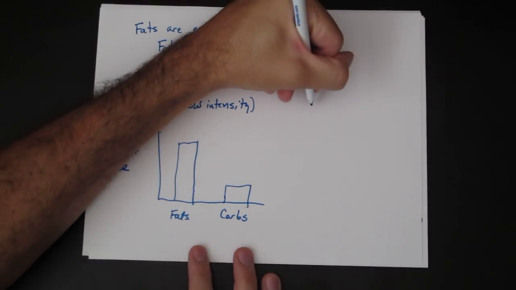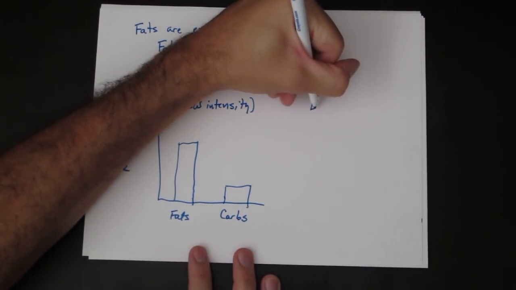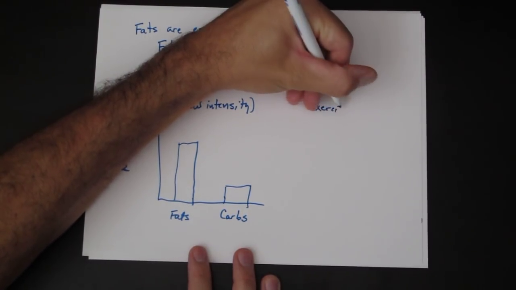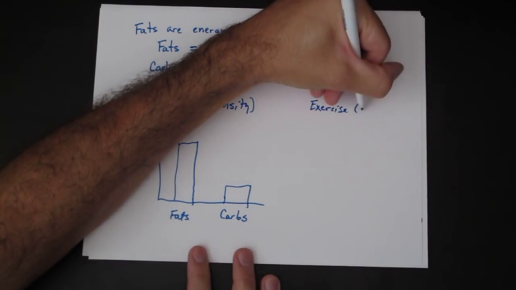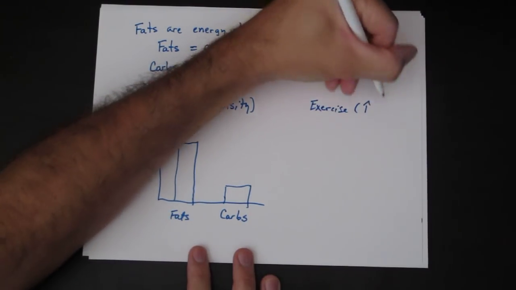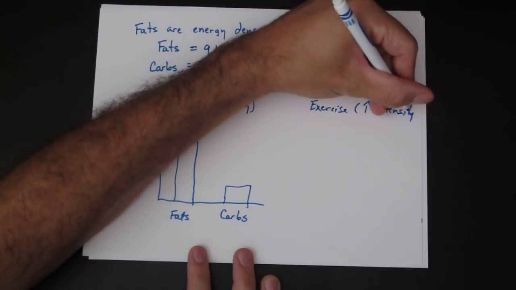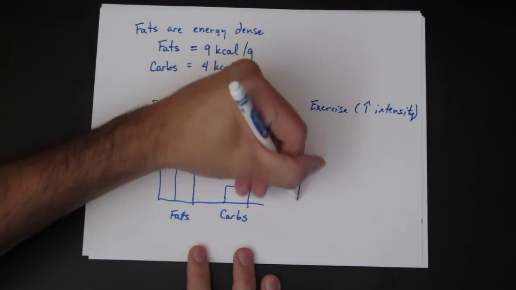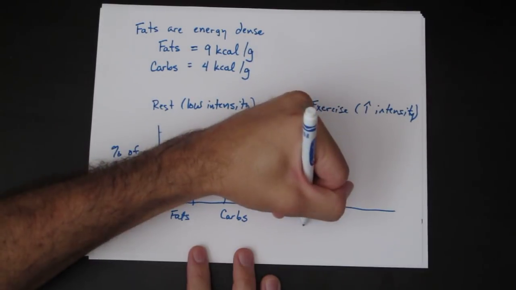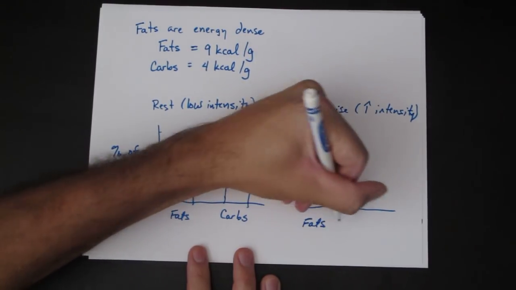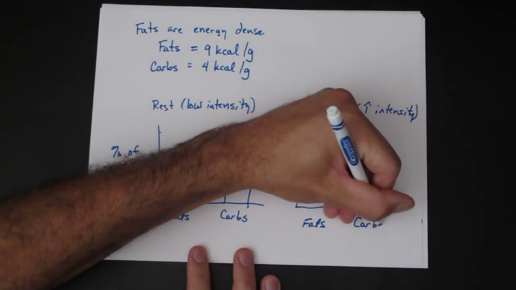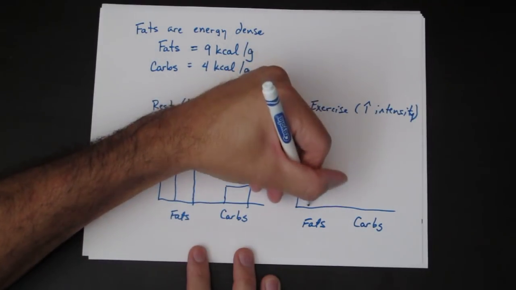However, as you exercise at higher intensity, the pattern shifts. We have fats, we have carbs, and we see the pattern starting to shift.